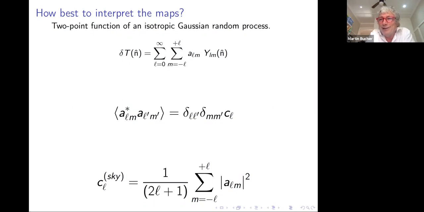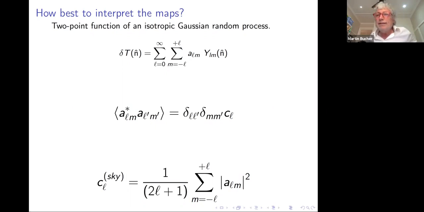I bet there's some evidence for anisotropy in the process, but if there isn't, then you just reduce to a power spectrum that just depends on L, or equivalently the angle between a pair of points.